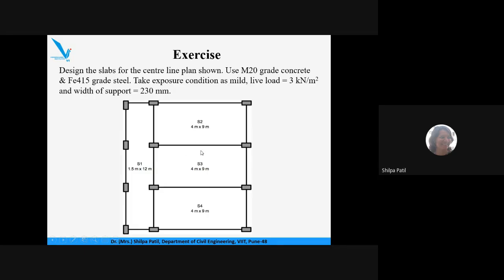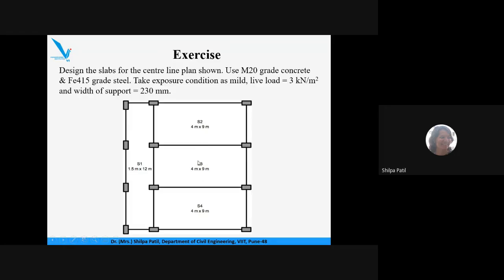When you consider any continuous slab, near the support we bend 50% of the bars and move them into the compression zone near the support. The same thing we have to do for this support. The 50% bars from slab S2 will be bent and provided in the compression zone over this support.